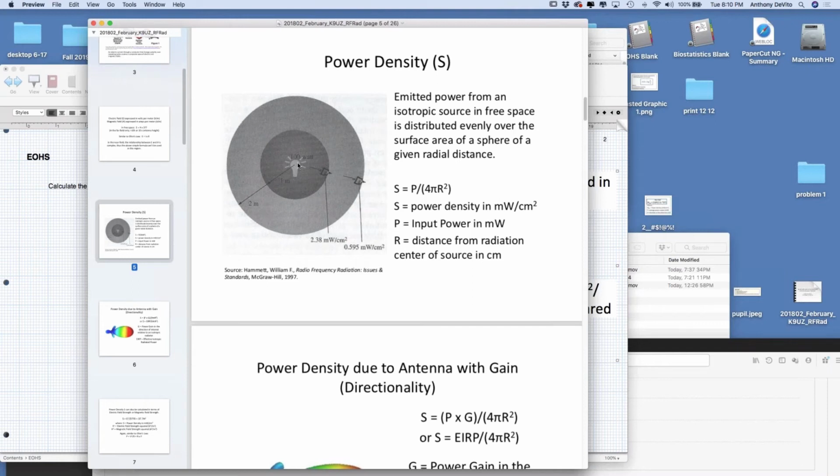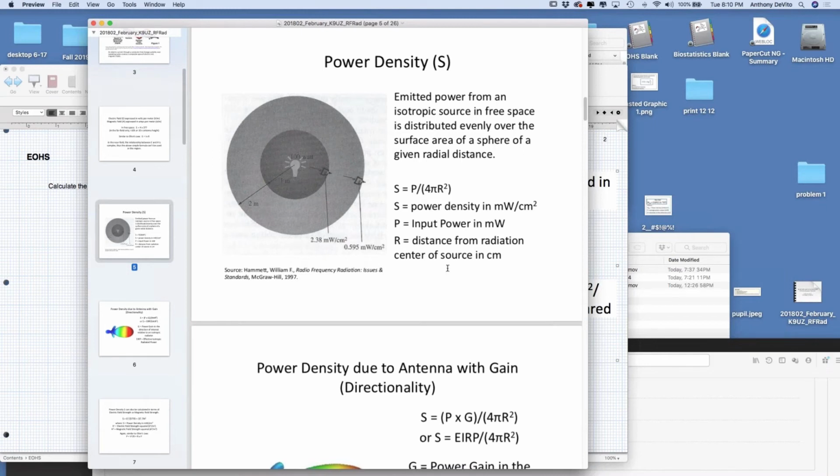The magnetic field dominates very close to the source. But as we get further out, say 2 or more wavelengths away, then the electrical field dominates.